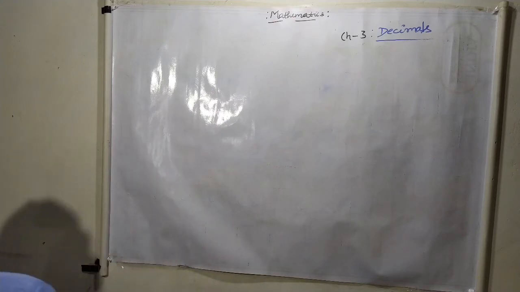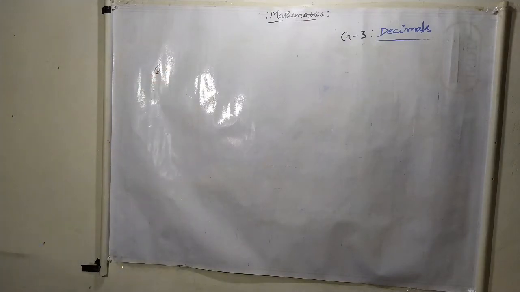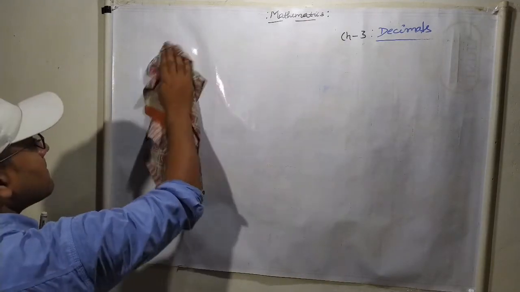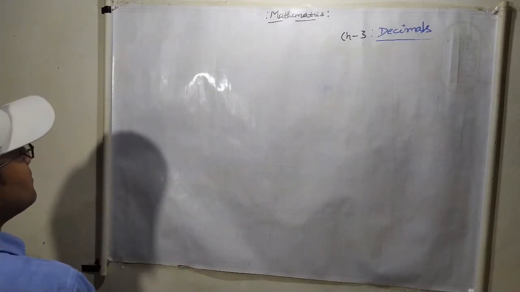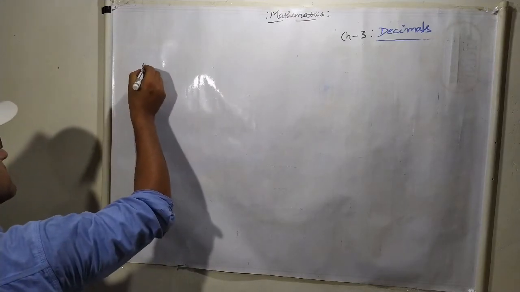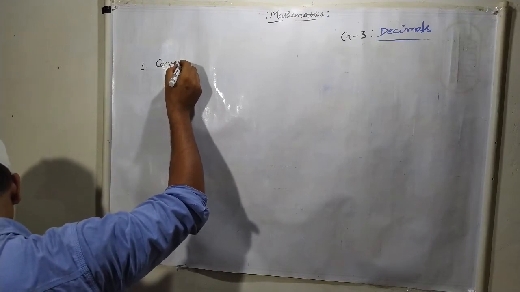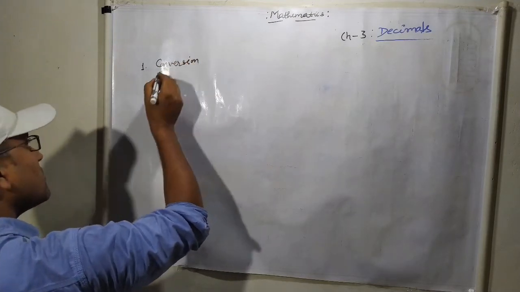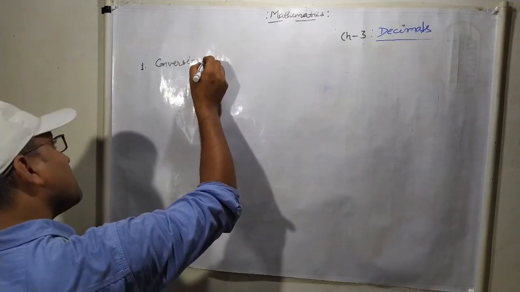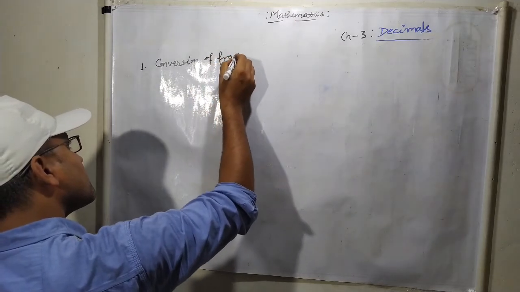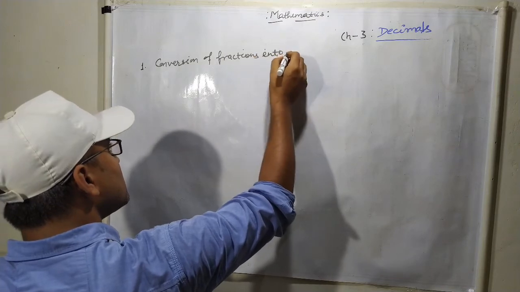Your first point is the conversion of a fraction into decimals.